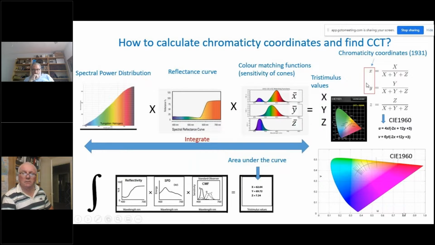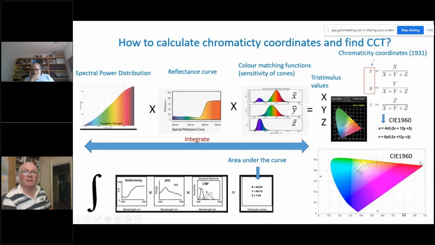Then you have to do a transformation to the 1960 color coordinates, whose units are u and v. Using x and y, you can calculate u and v, and once you've calculated u and v, it will fall on a point in this diagram. There are some isothermal lines here that are perpendicular to this black body curve, which is shown here. Wherever that point falls on any of these lines, that will be the correlated color temperature of the body.